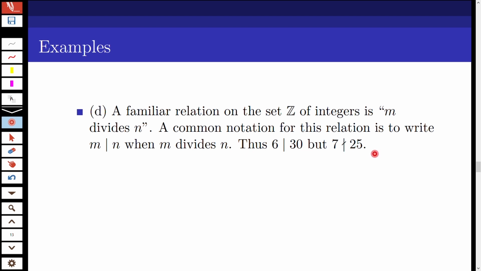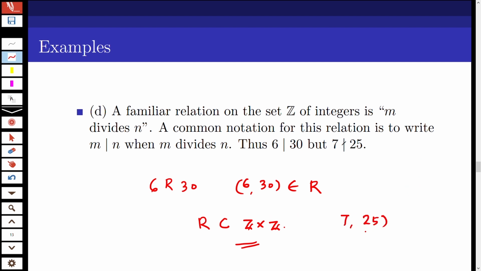So 6 is related to 30, or (6,30) belongs to R, where R is a subset of Z cross Z. So R is a relation on the set of all integers, where the relation is m divides n. So 6 divides 30, but the ordered pair (7,25) does not belong to R.